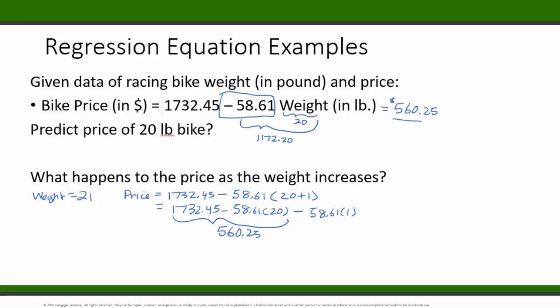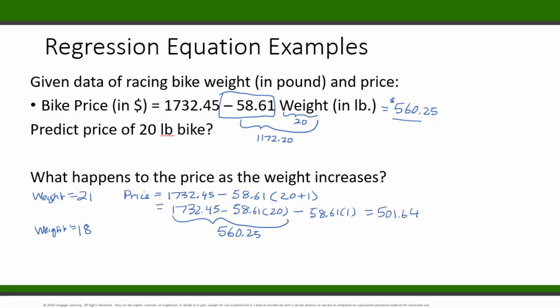So that gives us a price that's less by 58.61, or 501.64. So we could see when the weight increases by 1, then the price goes down by 58.61 because of that negative coefficient. How about for a bike that's 2 pounds lighter, say weight of 18 pounds?